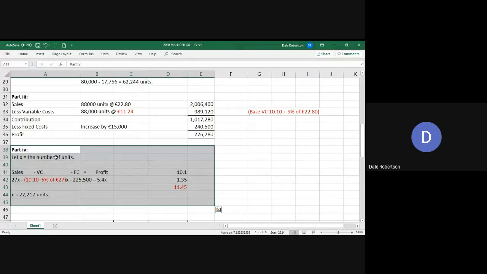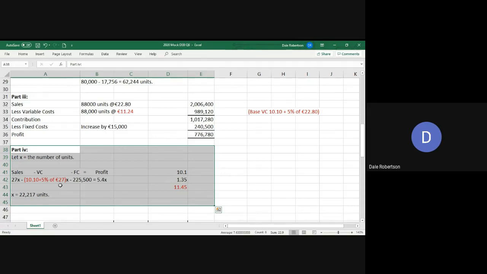And we can say that the sales, therefore, are going to be 27X. The variable cost is going to be 11.45X. Now, how did we get that? Well, that is the base variable cost adding on 5% of the new selling price, which is 5% of 27.